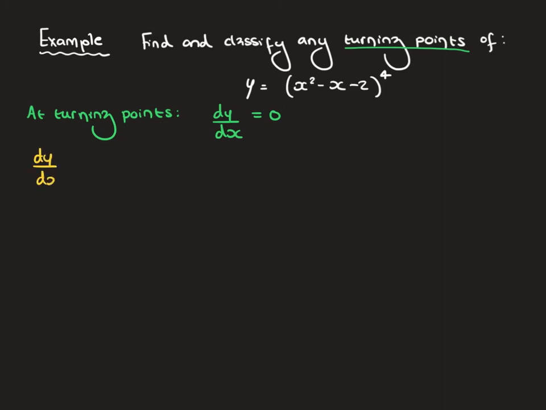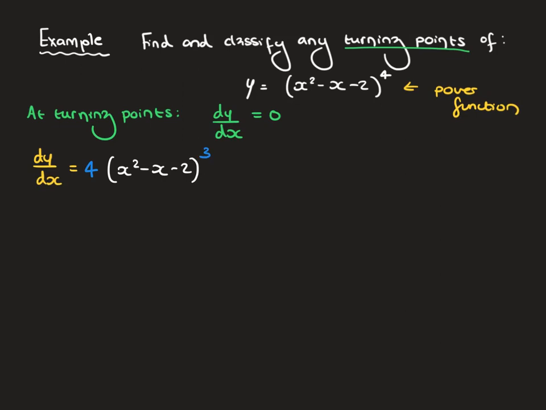Now, can you see it's a composite function and it's a power function? Something is being raised to the power of 4, the something being x squared minus x minus 2 to the power of 4. So let's multiply by the power of 4. Let's reduce the power by 1 to give us 3, using the quick chain rule here.